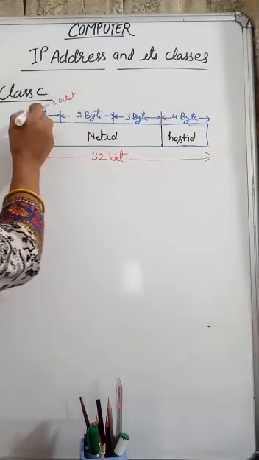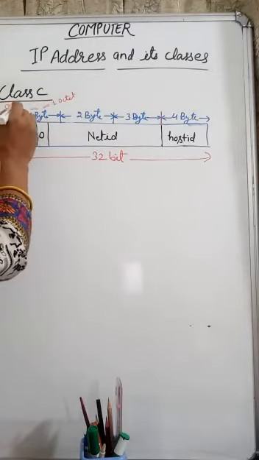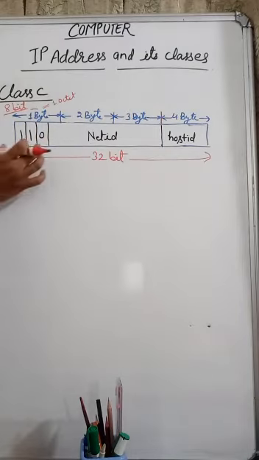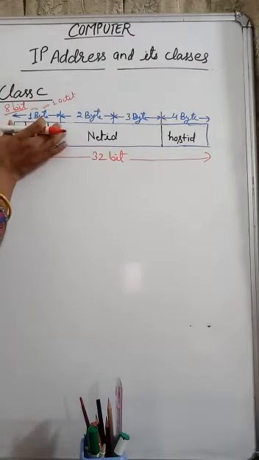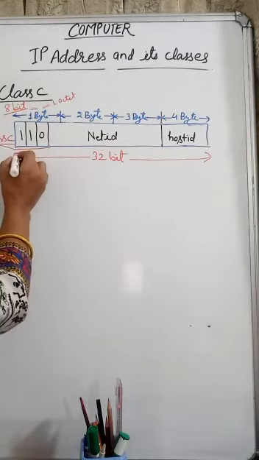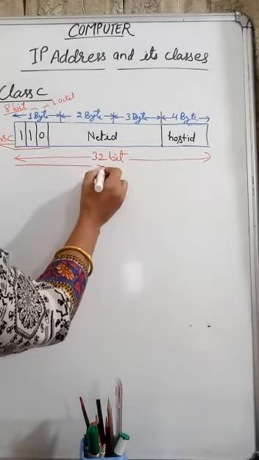1 byte is equal to 8 bits. The 3 leftmost bits are 110 to define class C. The next 21 bits: total how many bits? 8 bits, 8 bits, 8 bits; 8 threes are 24 bits.